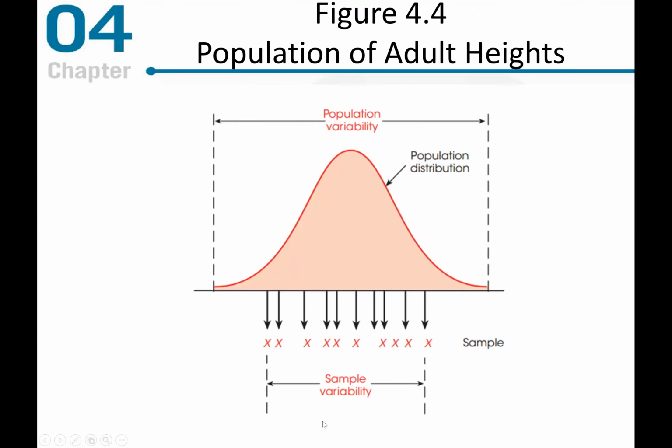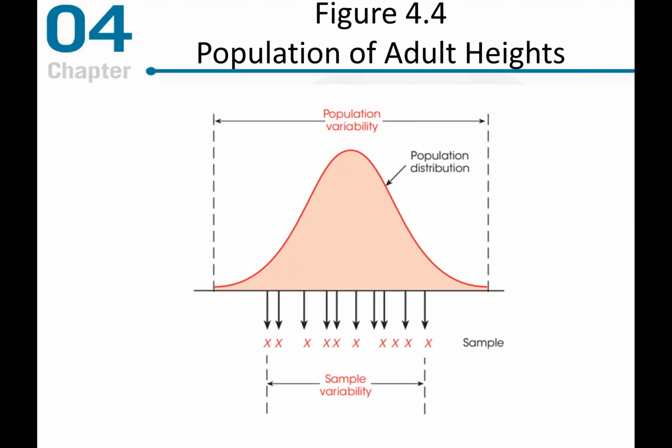So think about this. Let's say that this is the population of all of the students at Bethune-Cookman University, this population distribution right here, this normal distribution.